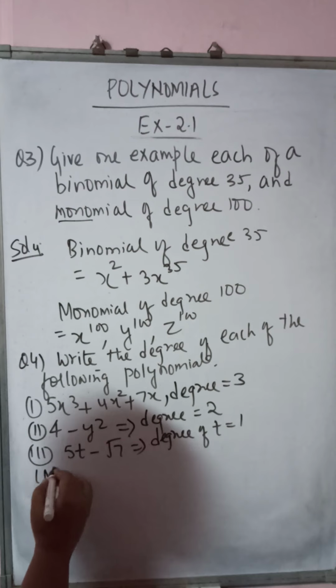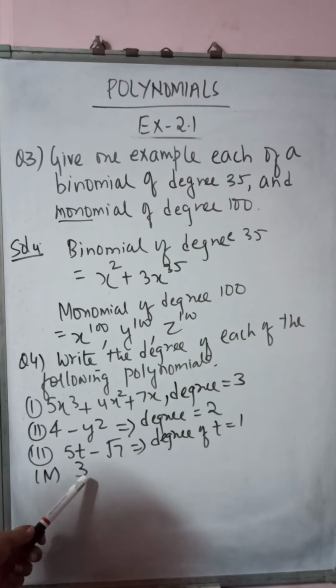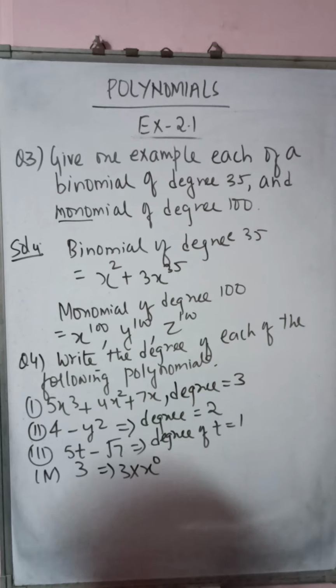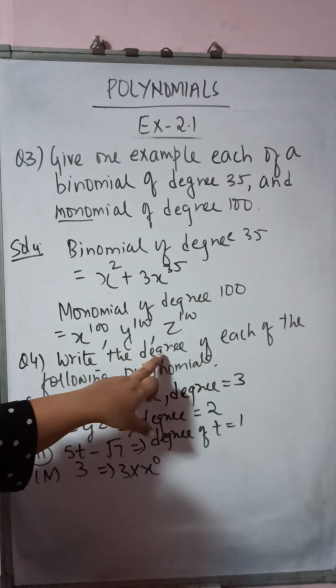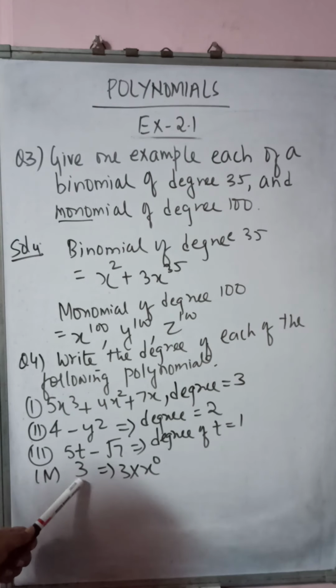Now last, 3. 3 is actually known as a constant term because no variable is attached. So 3 can also be written as 3 into x raised to power 0. Because to write the degree of the variable there should be some variable here, and here it is written only in terms of numbers.